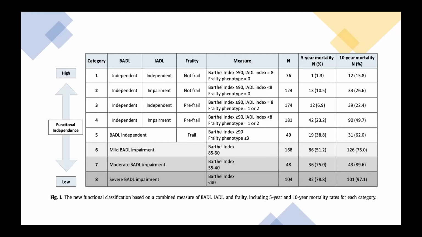For instrumental activities of daily living, which is your shopping, managing your personal finances. For frailty, they would be classified as not frail. They also looked at the Barthel Index, which is how they measure the basic activities of daily living, and they used the instrumental activities of daily living index for the IADLs and the frailty phenotype for defining frailty.